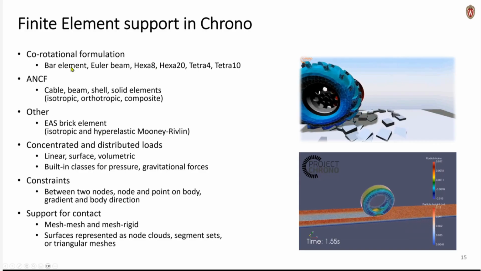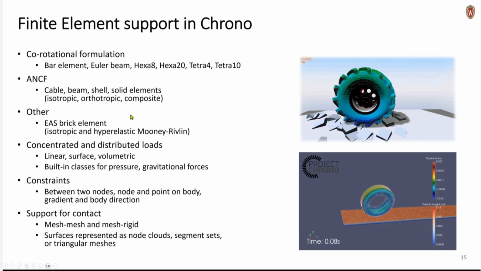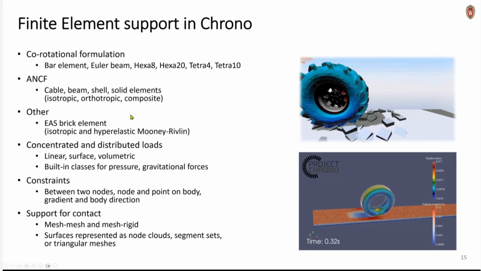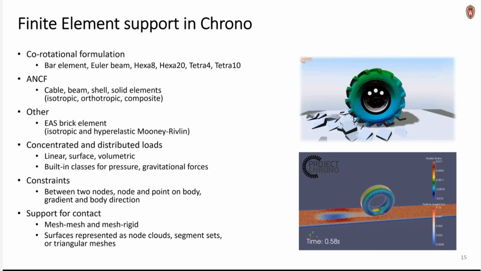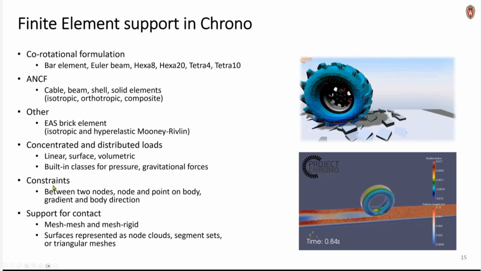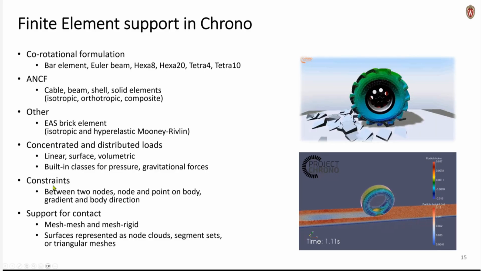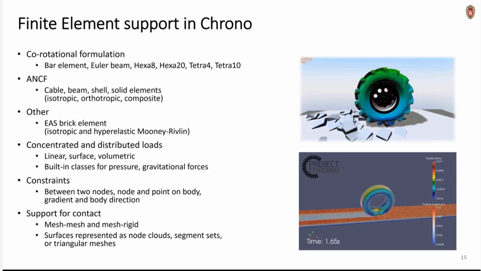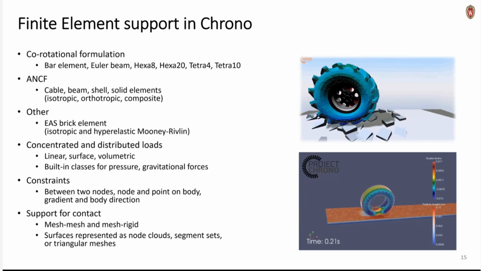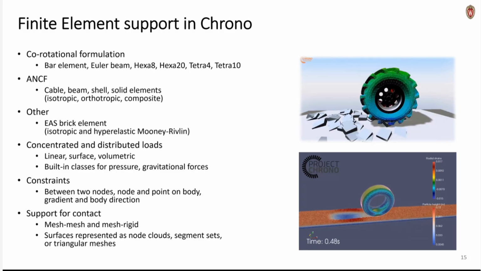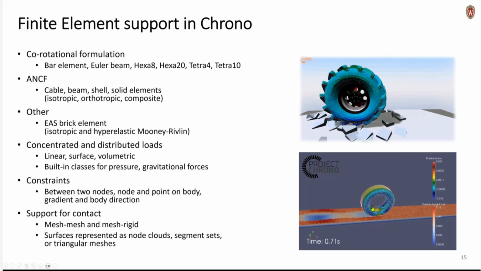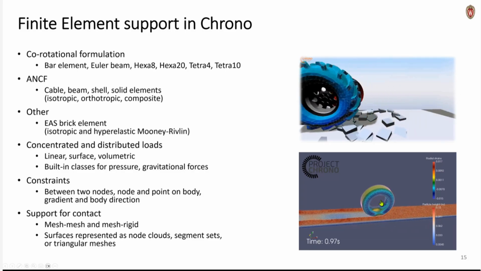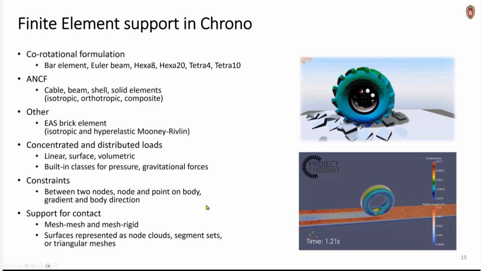These can be connected to each other, so you can mix different elements in a single model, and you can also constrain the finite element meshes to other finite element meshes or to rigid bodies, like the tire, right? So the finite element tire needs to be connected to the rigid wheel body.